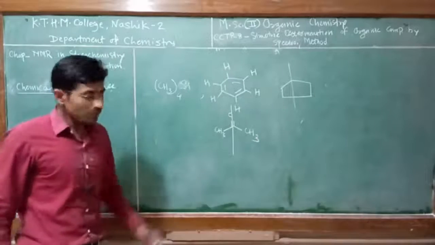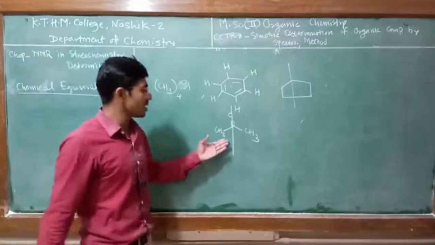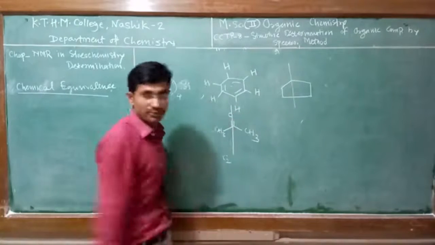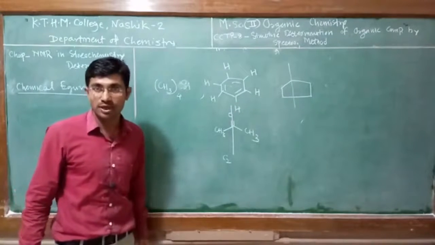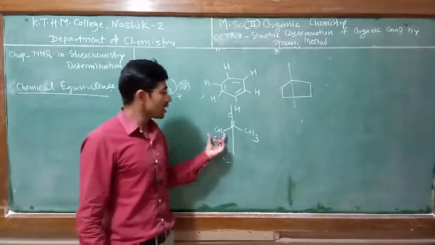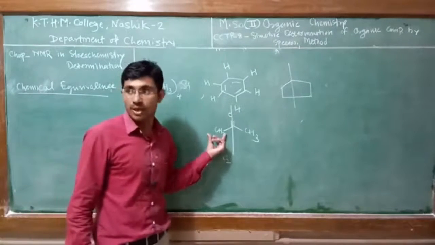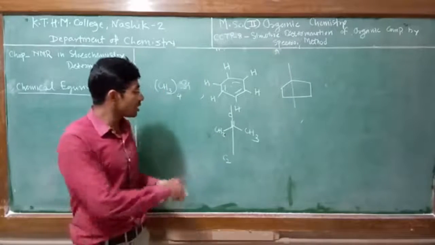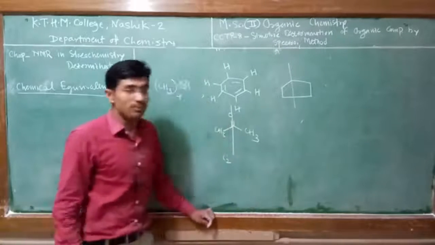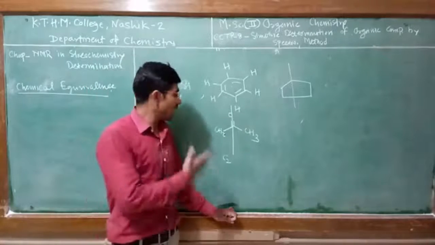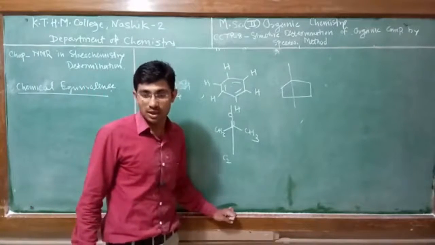Suppose I take the example of acetone. Acetone contains a C2 axis of symmetry, and with the carbon-carbon free bond rotation, all the 6 methyl protons become equivalent. They act as equivalent and give only one signal.